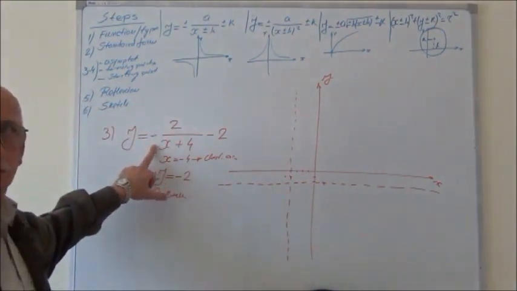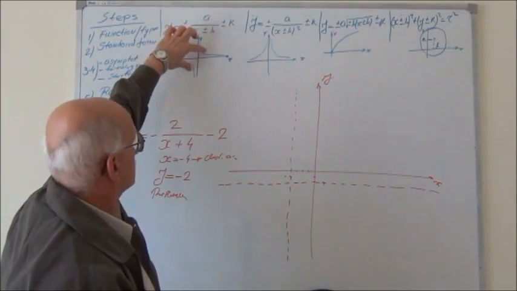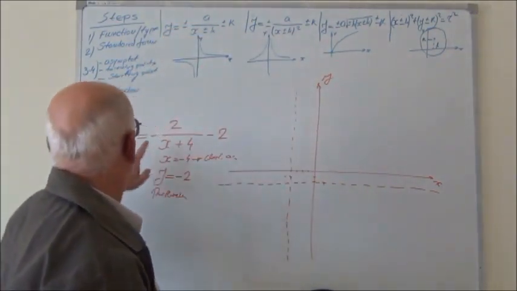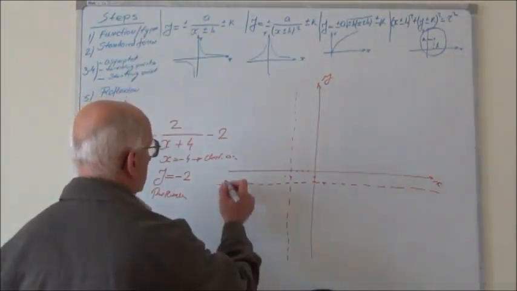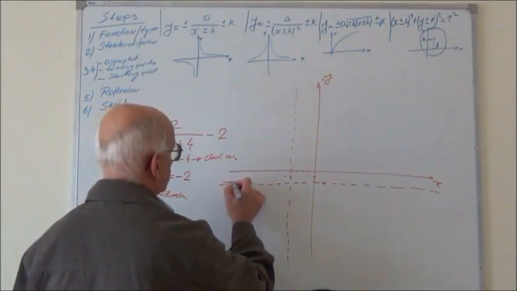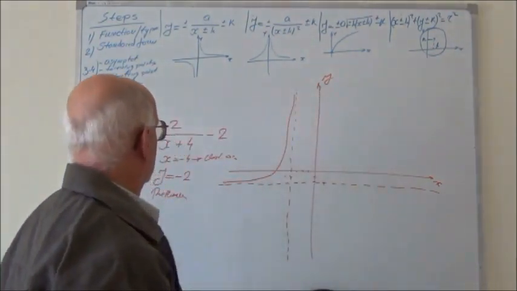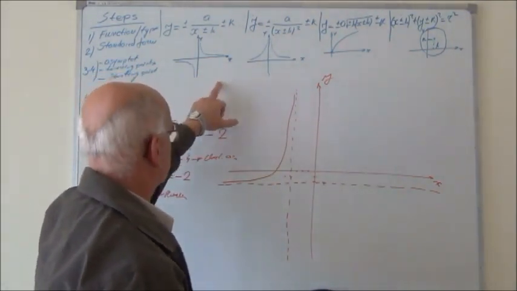If we didn't have a reflection, then we would place this curve here, but as we have a reflection, this part will be on the top in the positive y-axis, and this part coming down here.